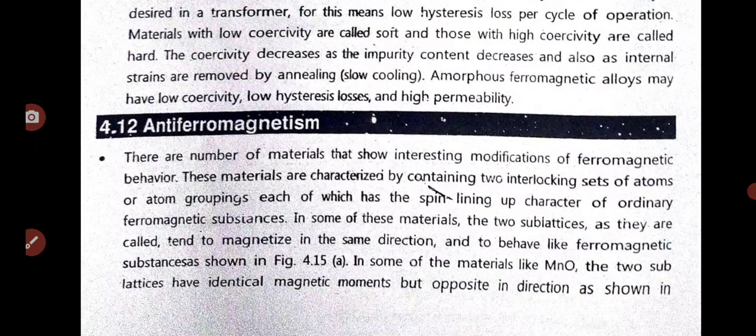That material is considered a ferromagnetic substance. The material has two sublattices, and they tend to magnetize in the same direction. That material is considered the ferromagnetic material.